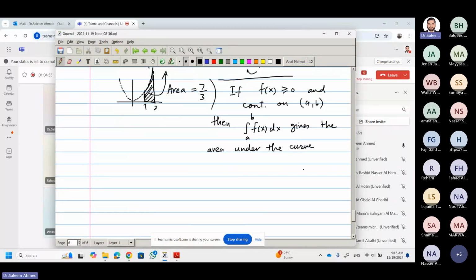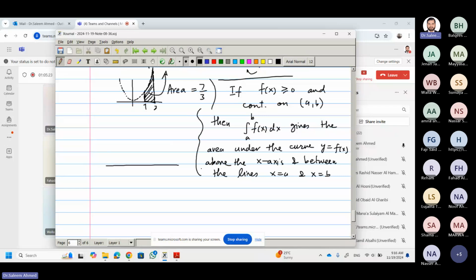If f(x) is positive, it gives you the area. If it is negative, not guaranteed. Under the curve y is equal to f(x) above the x-axis means we have to remain above x-axis and between the lines x is equal to a and x is equal to b. So this gives you the area.